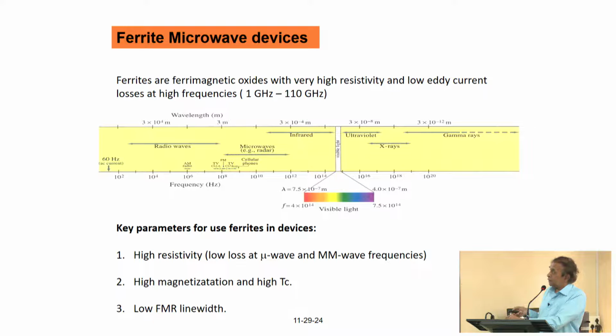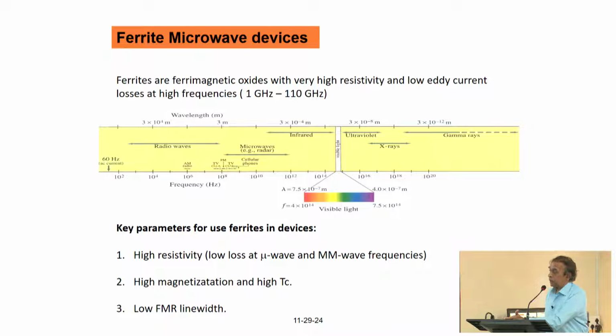So, this is the electromagnetic frequency spectrum, and the range where the devices would operate is rather limited. 1 gigahertz is 10^9. So, we are talking about devices from 1 to 100 gigahertz, that is 10^9 to 10^11, and it is a small region here, but that is where these devices are useful. Okay.